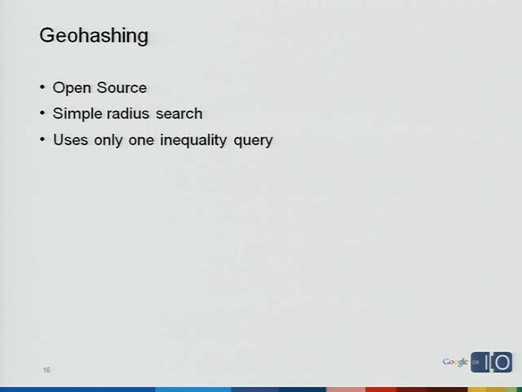The first one is geohashing. This is a fairly common approach right now. I was talking with people just last week at WhereCamp. Somebody was saying they built based on this. Geohashing is where you take the latitude and longitude and you hash them together to create a single value.